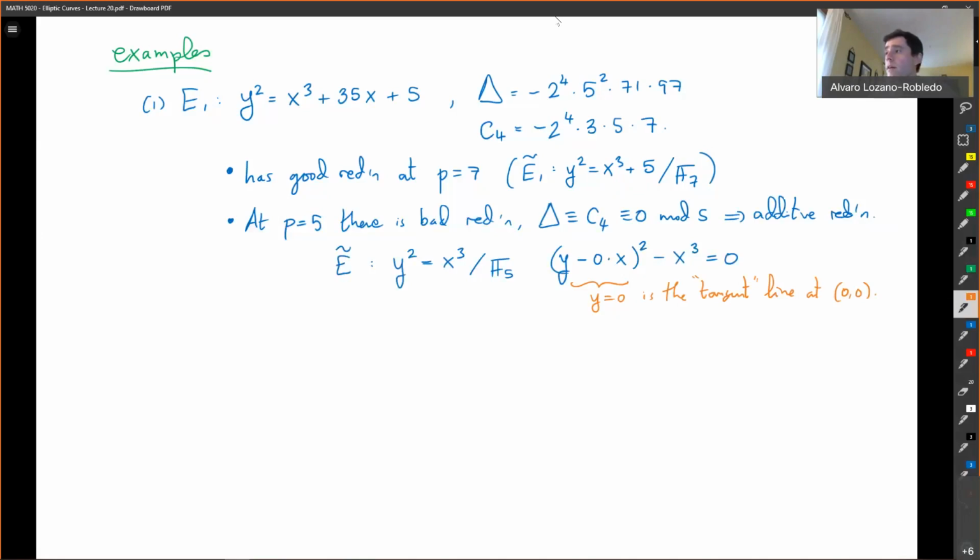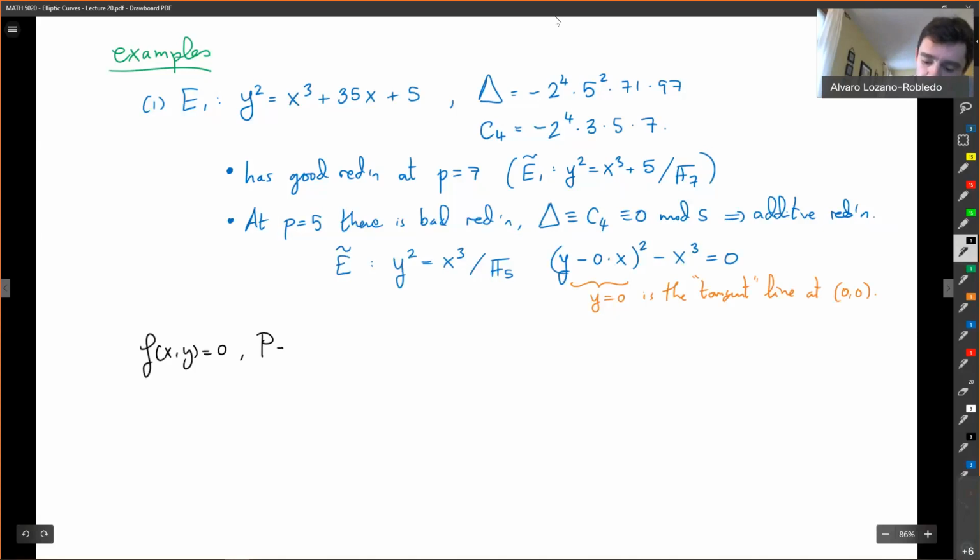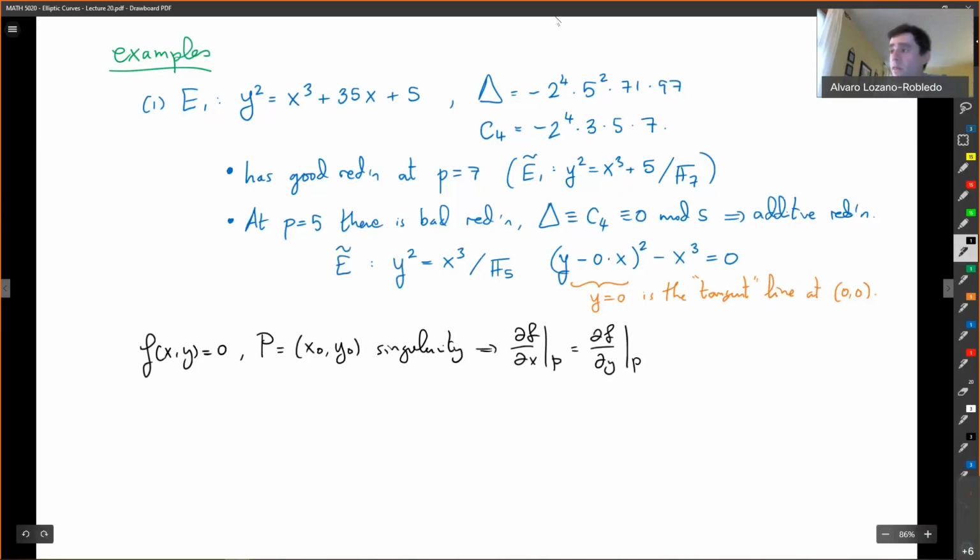Okay, we're going to do that in more generality. So if you have an elliptic curve given by f(x, y) equals 0 and the singularity is at P = (x0, y0), then the derivatives at P vanish, and therefore if I write my Taylor expansion of my polynomial at P, the first derivatives vanish.